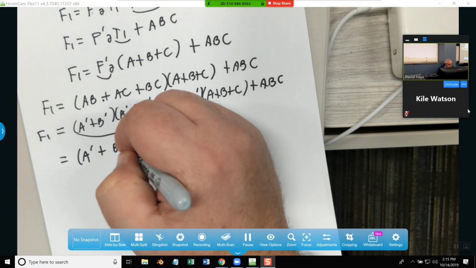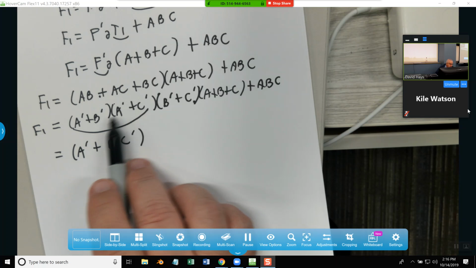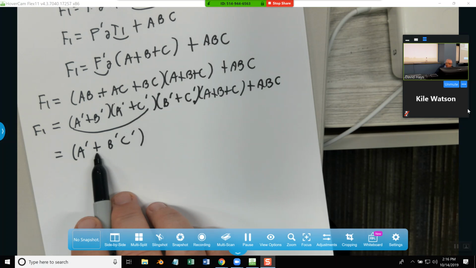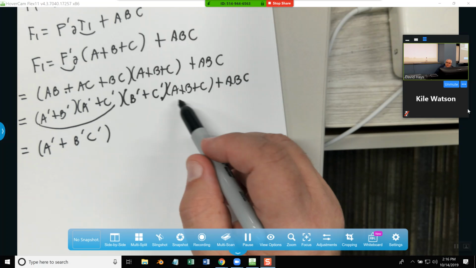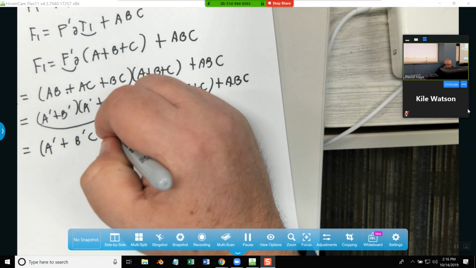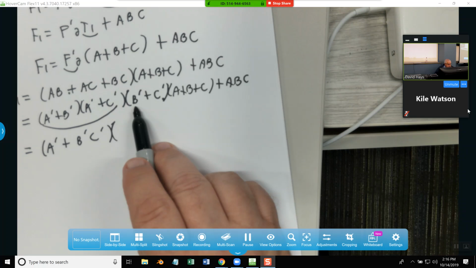So that's just multiply them together. B prime times A is A B prime. B prime times B. B prime times C. C prime times A, oops, A C prime. C prime times B, or B C prime. And C prime times C. And then plus ABC.